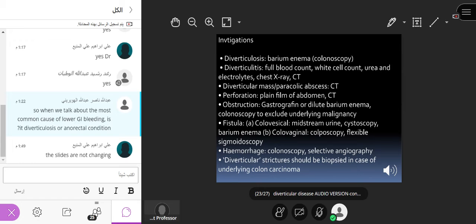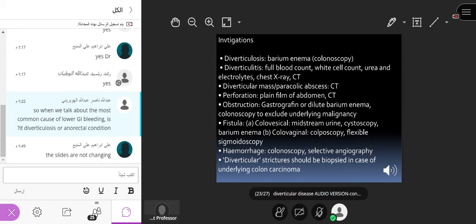Investigation: you do colonoscopy, you do CT scan, and that's it. These two things can easily tell you what it is. If you don't have colonoscopy, then barium enema.